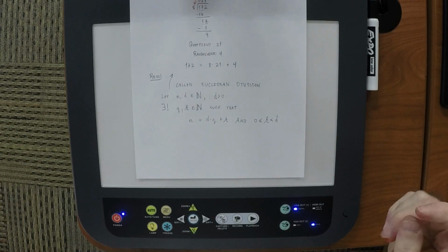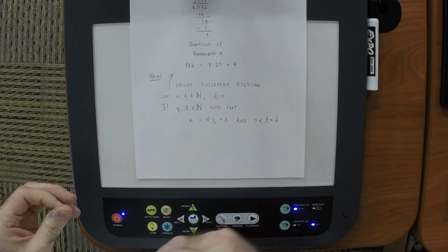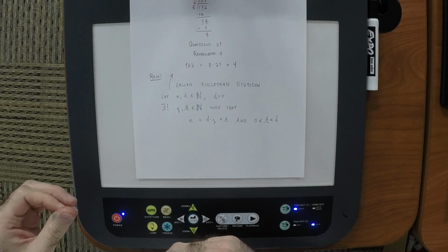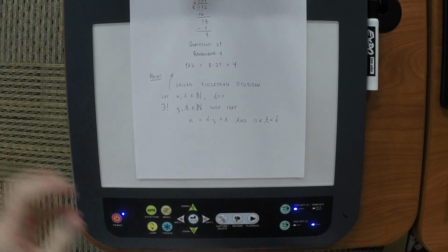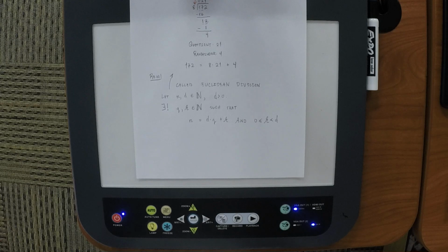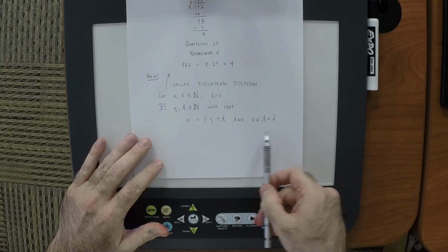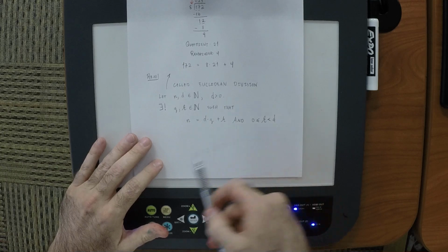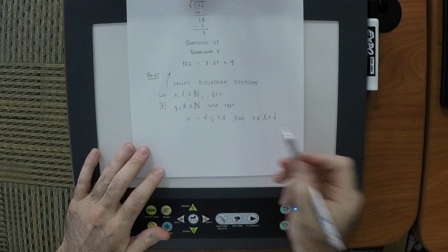How many M&Ms would that be? That'd be 16. Would there be enough to make another group? Yeah, because there'd be 6 more. Could you make another group? Yeah, you would, because this is M&Ms and you're a child and this is serious business. So then what this means is that you've made all possible groups. It's not possible to make even one more group because the size of the group is D.